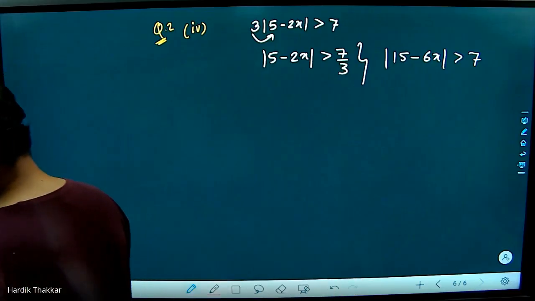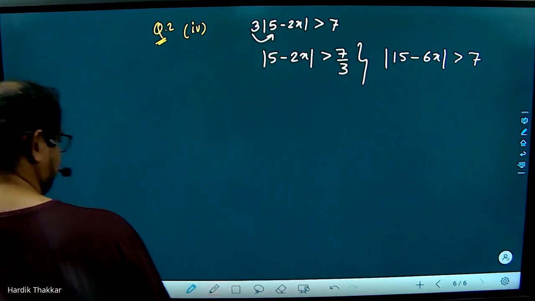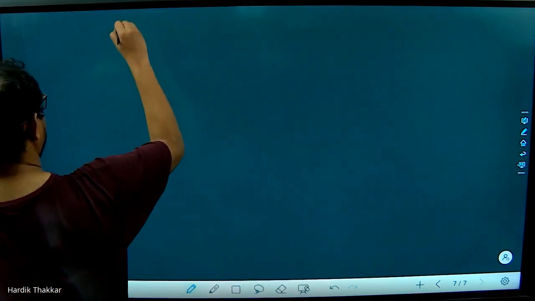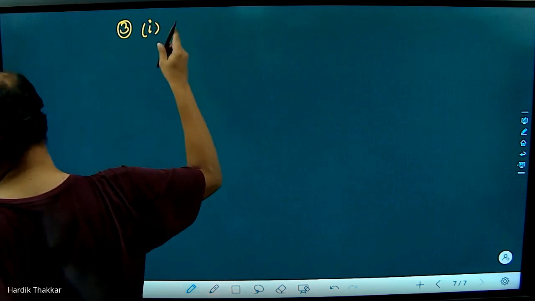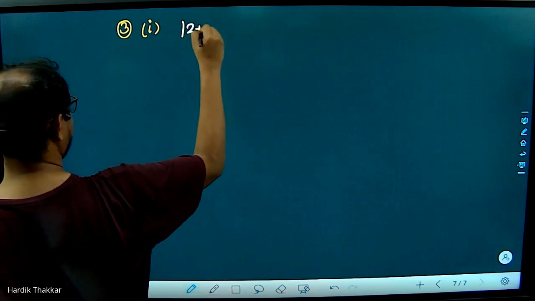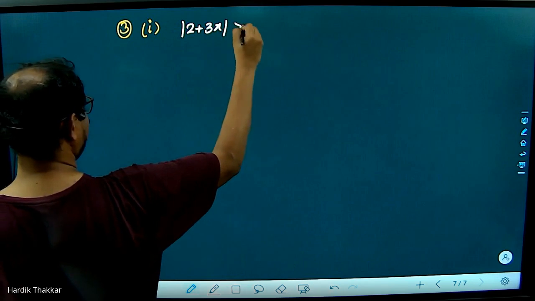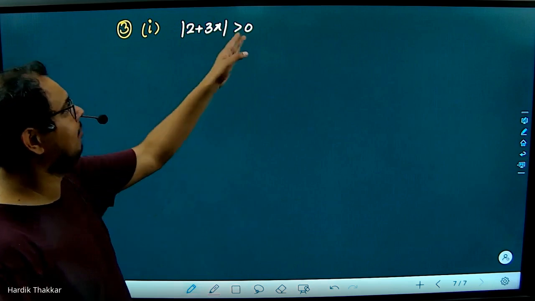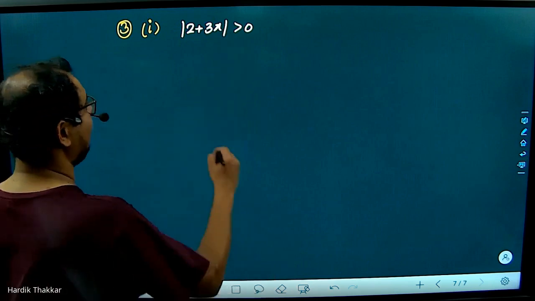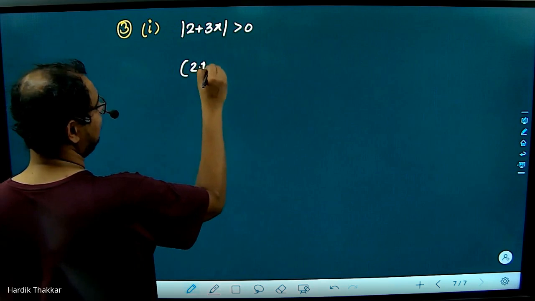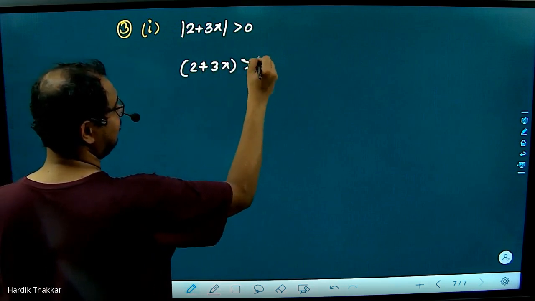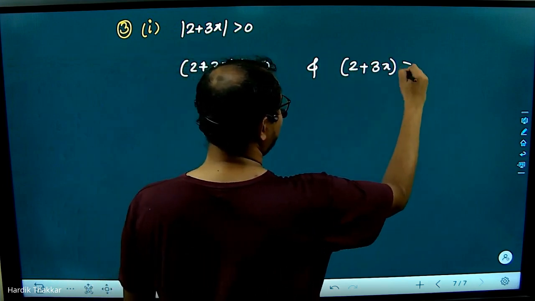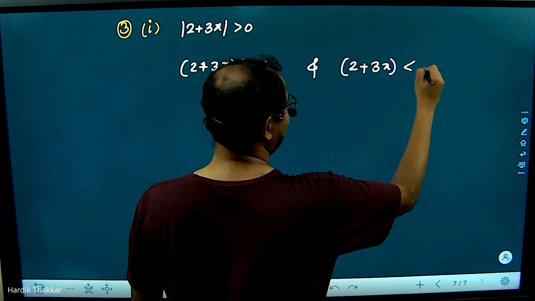Okay. So let's start with the third part, I think. So in case of the third question, the first part is mod 2 plus 3x greater than 0. So in this situation, for example, if we have any number here, how do we start? We will write 2 plus 3x greater than that number, and the second case will be 2 plus 3x less than minus of that number.